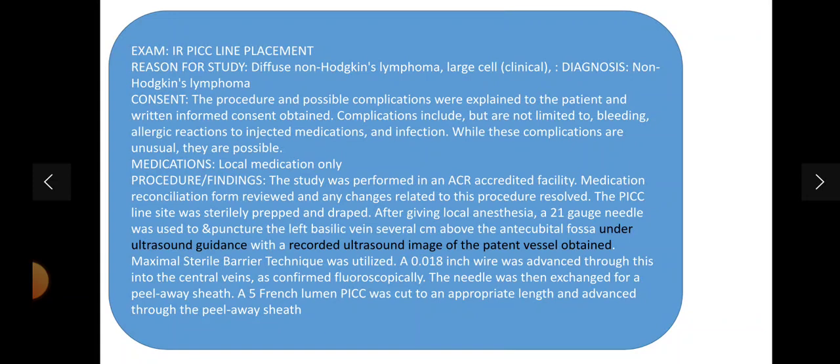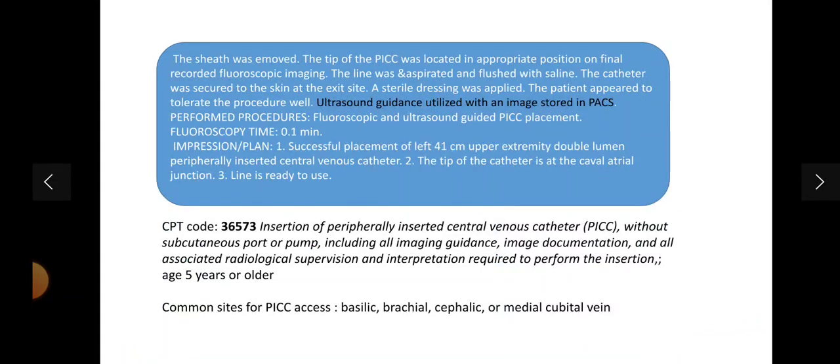There is also a PICC placement, a peripherally inserted central venous catheter. This is also a vascular procedure, and here they have mentioned all three criteria clearly. But here we have not coded 76937, because you can see in the description of this CPT code that it includes all imaging guidance, imaging documentation, and all associated radiological supervision and interpretation required to perform the insertion.